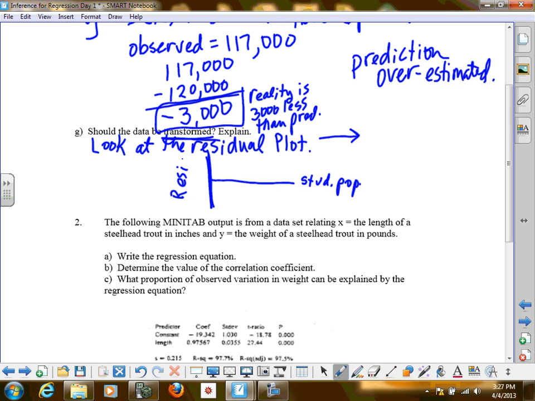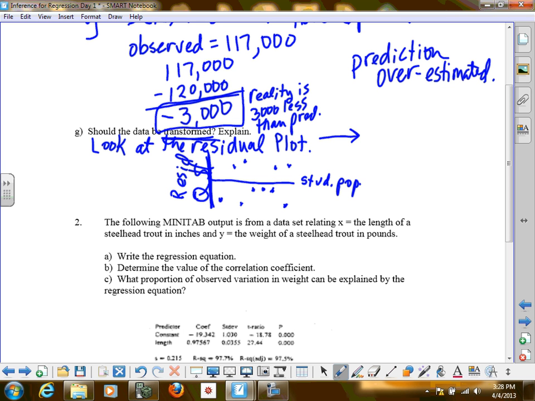Good, the residuals of the quarterly sales. Okay, so here's a rough sketch. And we see nice even scatter across that.